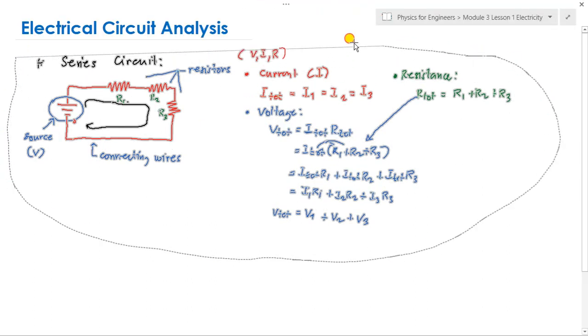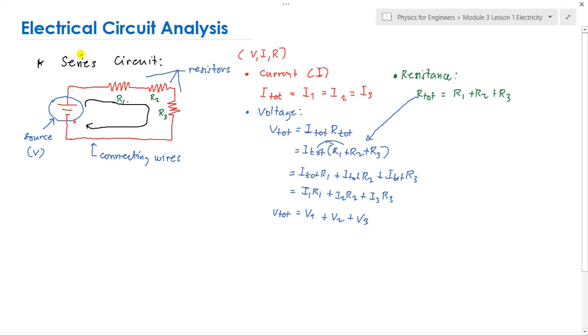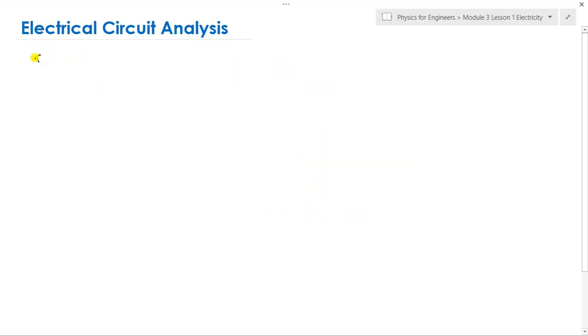Let's move to the parallel circuit connection. So again, we have voltage, current, and resistance.